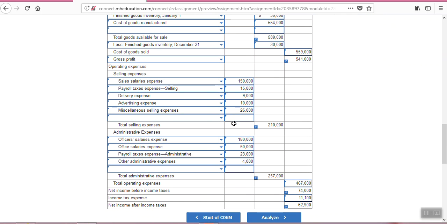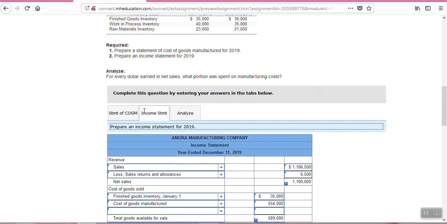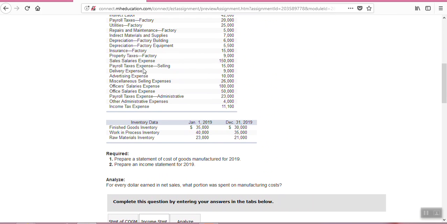We've got operating expenses that consist of selling expenses and administrative expenses. So the selling expenses are a little bit weird. If you come up here, we stopped at sales salaries. Well, sales salary sounds like a selling expense.